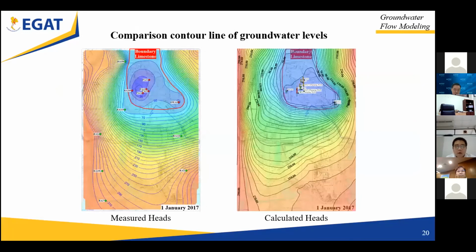And by comparing contour lines of groundwater level between measured and calculated in each year during the calibration period of 4 years, it was found to be consistent, such as the comparison contour of groundwater level on January 1st, 2017.